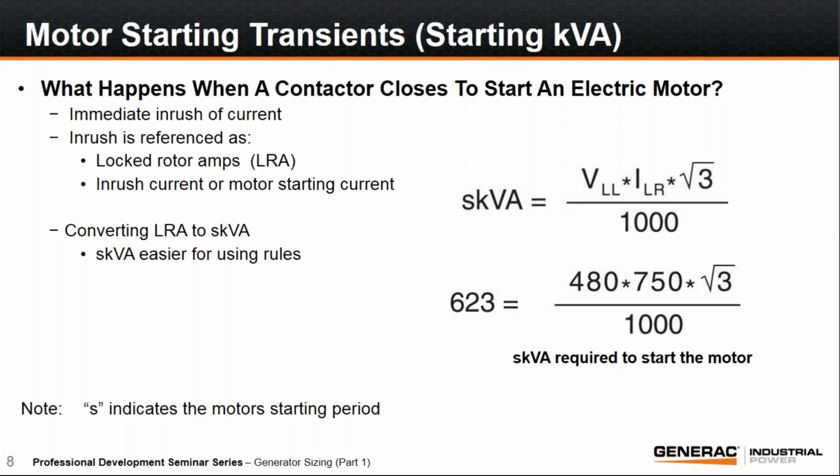And that equation is right there in front of you. Volts times amps, square root of 3 for 3-phase, and divide by 1,000. Once we have that information, we can see I plugged in 750 locked rotor amps, and that led to 623 SKVA, which, because I kind of know my rules of thumb, is about a 100 horsepower motor.